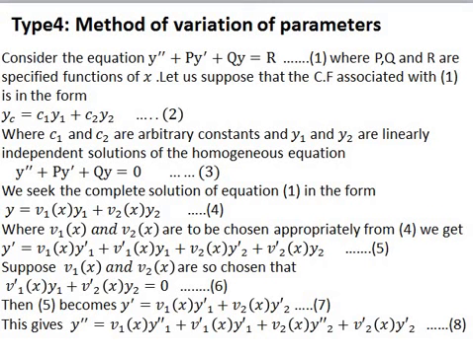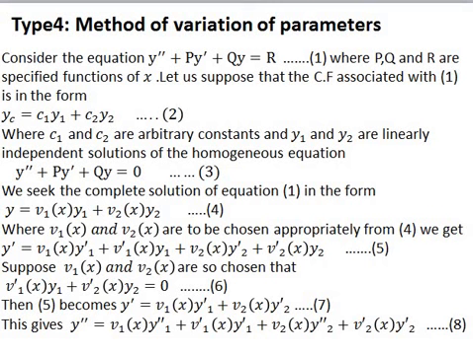We call it equation 2, where c1 and c2 are arbitrary constants and y1 and y2 are linearly independent solutions of the homogeneous equation, that is y double dash plus py dash plus qy is equal to 0. It is a homogeneous equation. We call it equation 3.